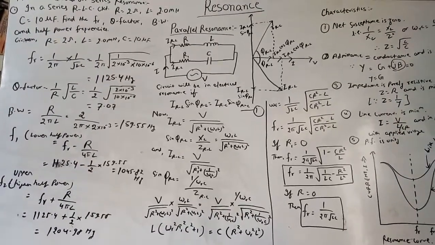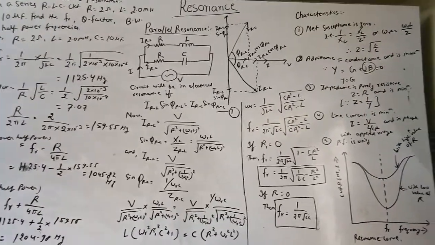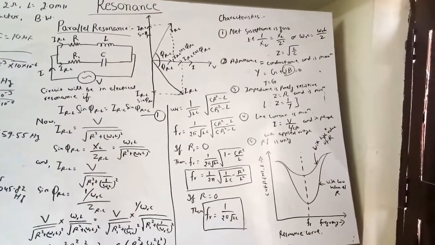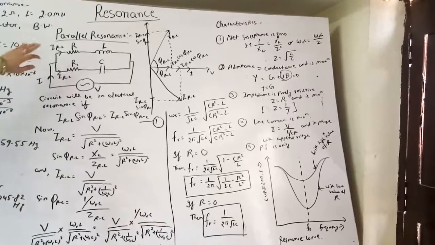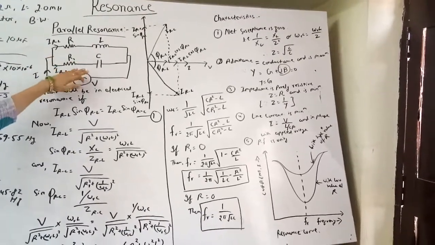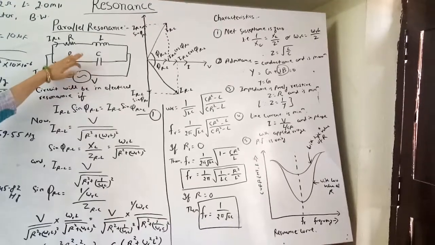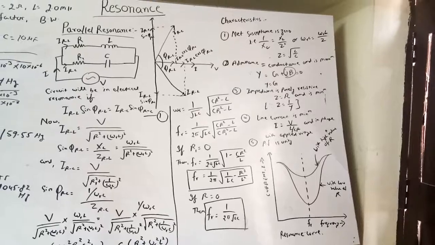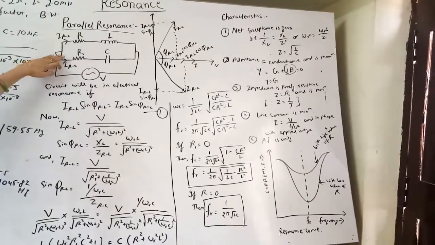Now, next topic is your parallel resonance. In parallel resonance, we have studied earlier that the resistance and inductance are connected with the resistance and capacitance in parallel with a voltage source supply. So, what is the condition of resonance?